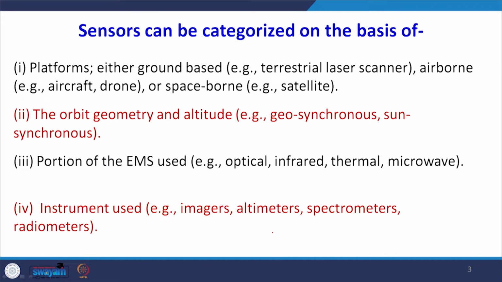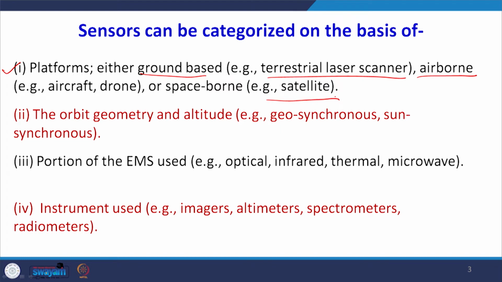Now, sensors can be categorized on the basis of the platforms which we are using. So, what are those platforms? We have a ground based platform, for example a terrestrial laser scanner, which we keep on the ground, close to the object. It could be airborne, kept in an aircraft, where we are talking about aerial photogrammetry, or the photographs which are taken by a drone system or UAV system, or it could be spaceborne, the satellite sensors.